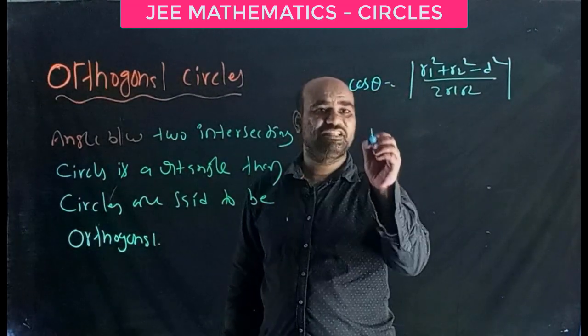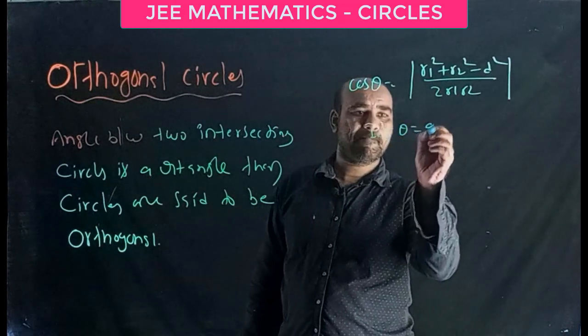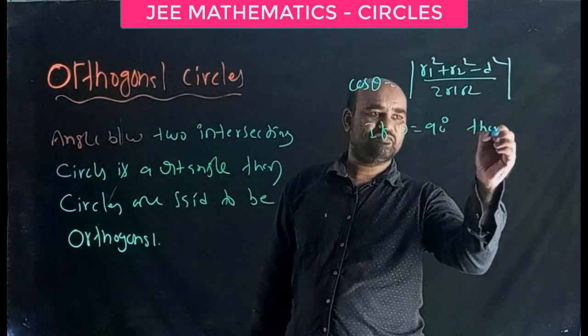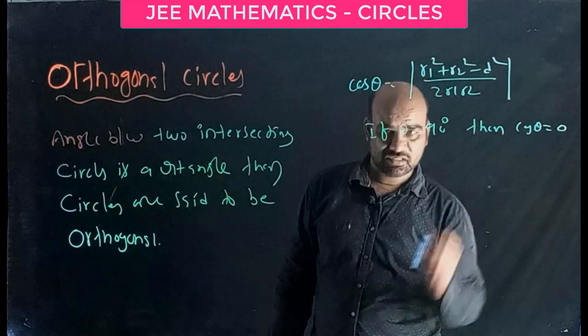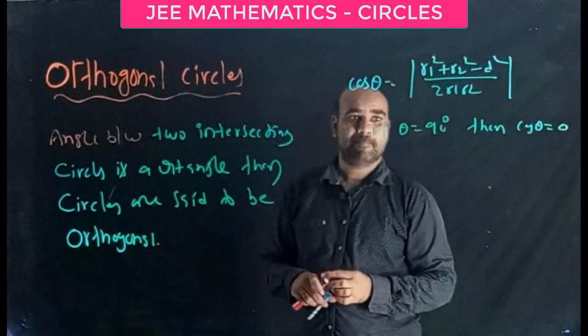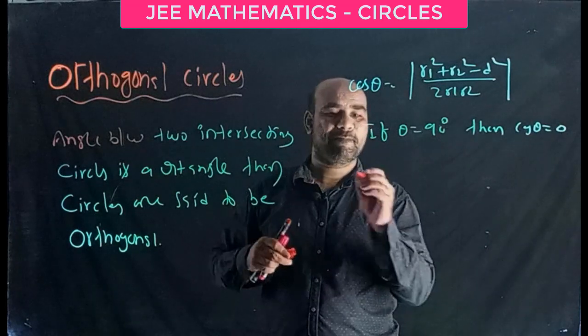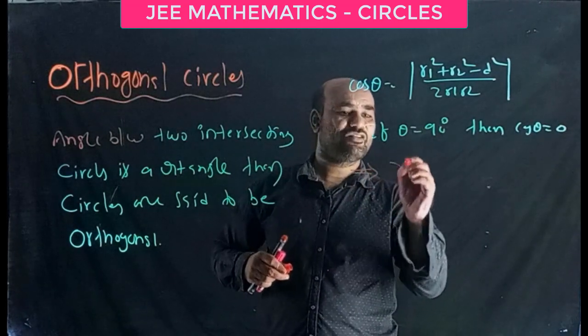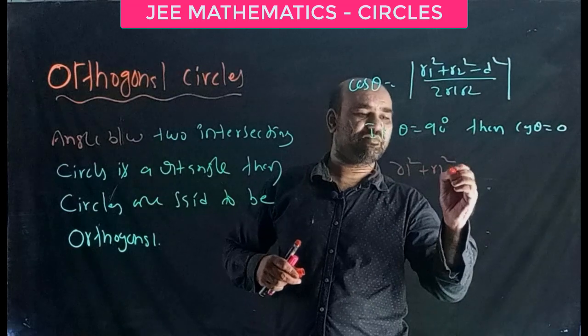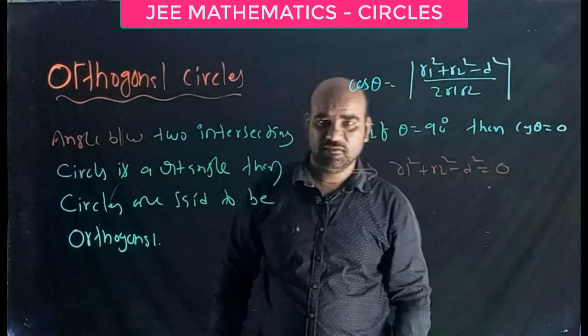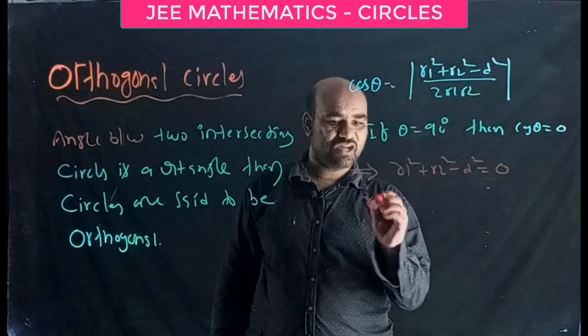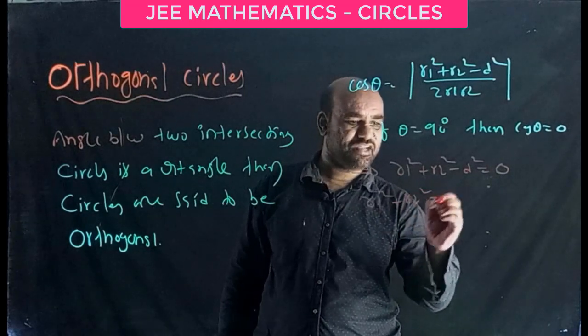If theta is 90, then cos theta becomes 0 because cos 90 is 0. So this implies R1 square plus R2 square minus D square equals 0, or R1 square plus R2 square equals D square.